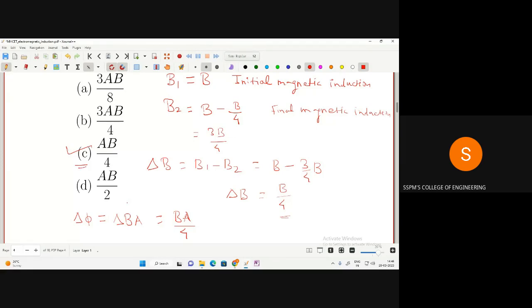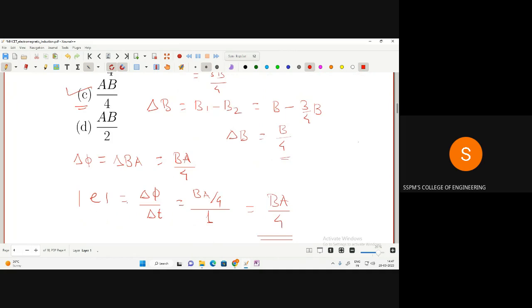AB divided by 4 or BA divided by 4, where A is the area of the coil and B is the magnetic induction at the center of the coil. It's a circular coil.